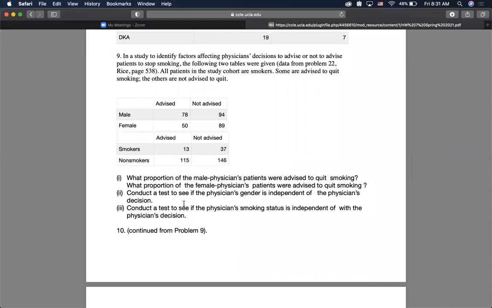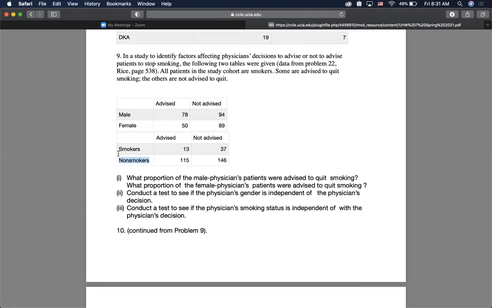Now we have two tables. I actually got the meaning of this table wrong the first time. Male and female refer to the gender of the physician, and then their choice of advising or not advising their patient to quit smoking.